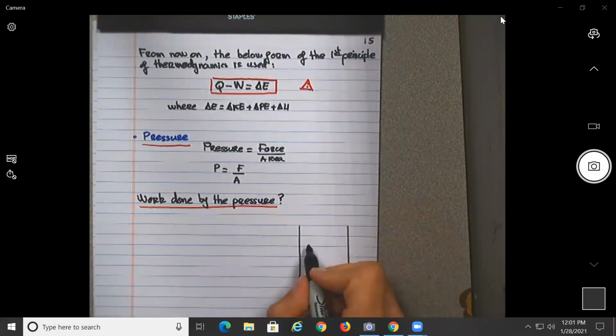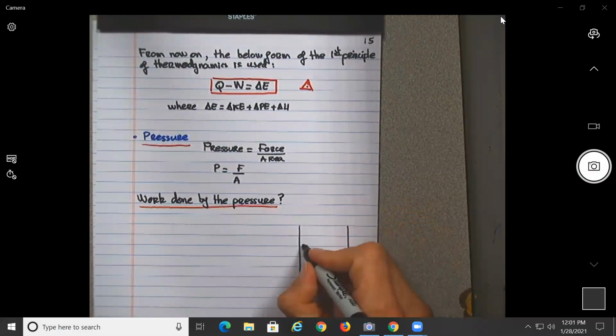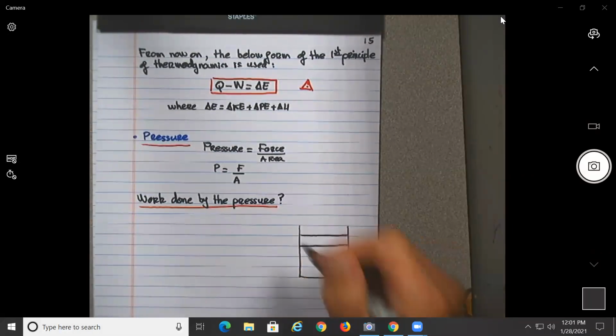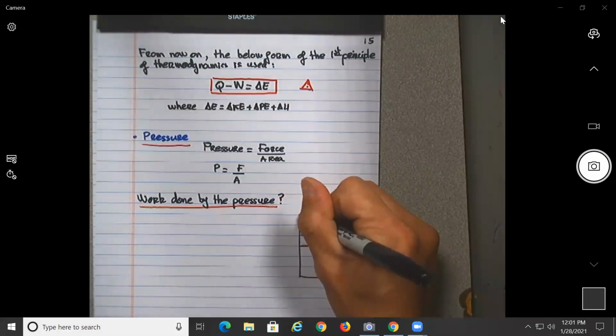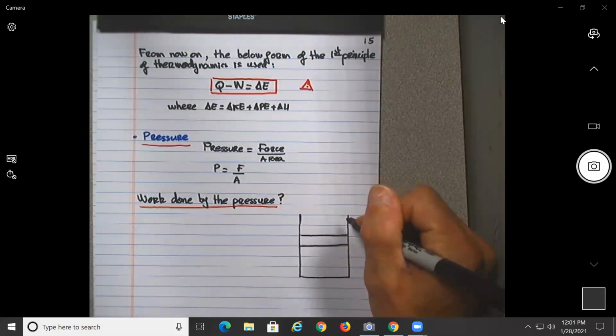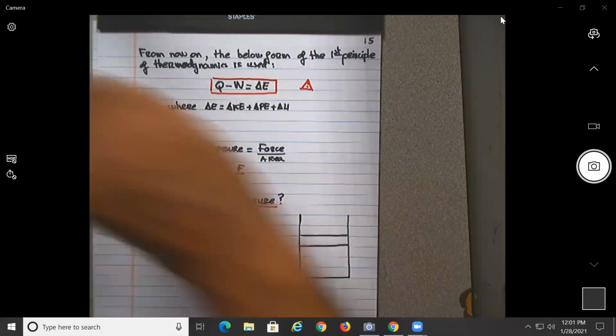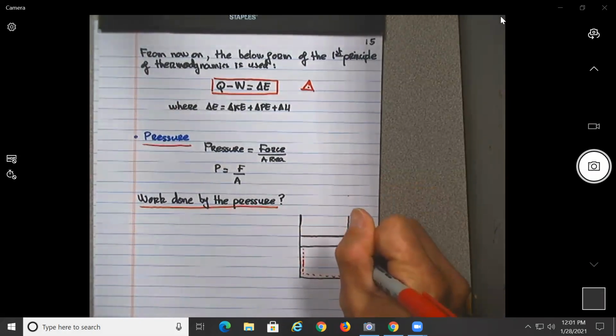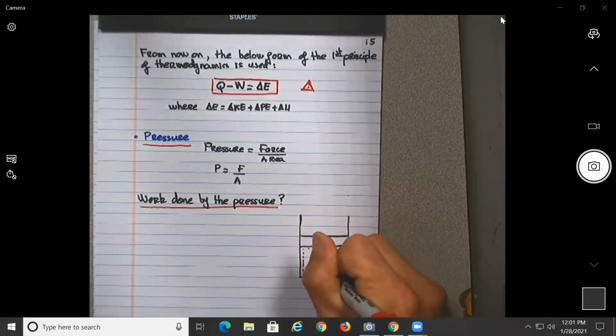So let's say we have a piston over here. Inside your system here, let's say you have a gas, probably air, all right?